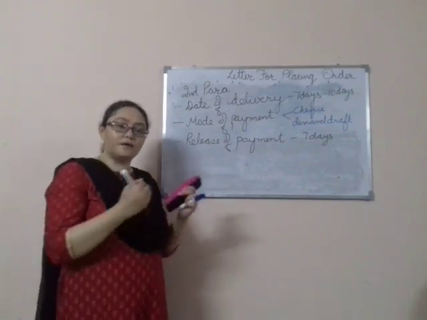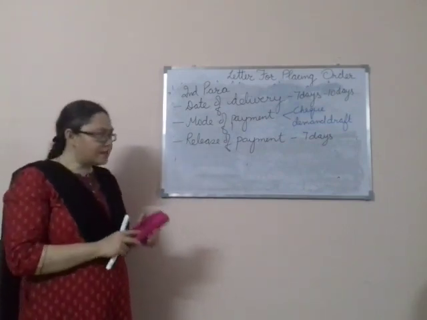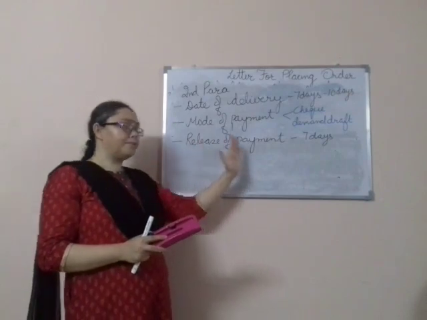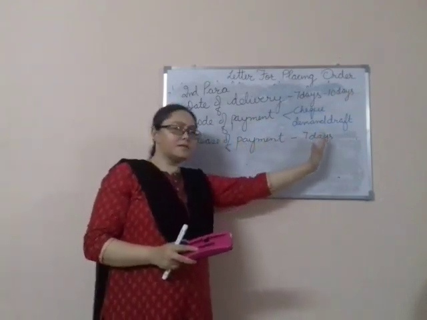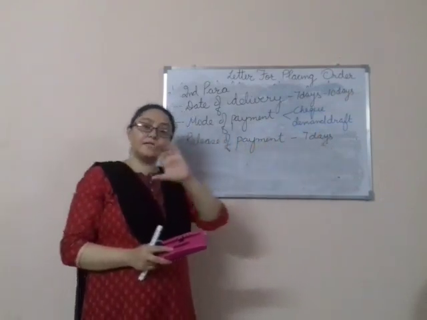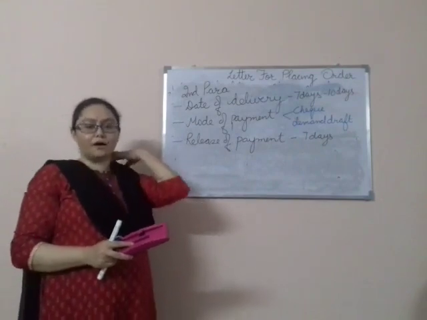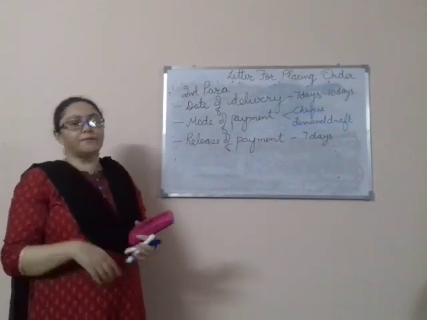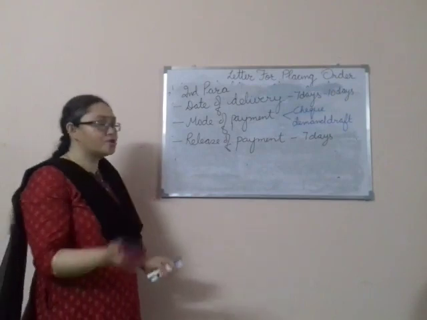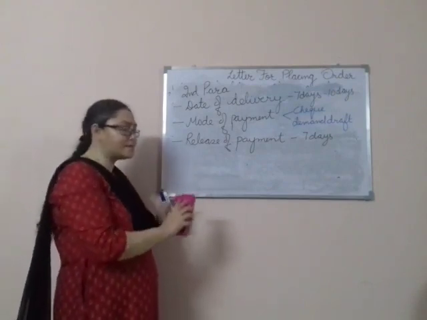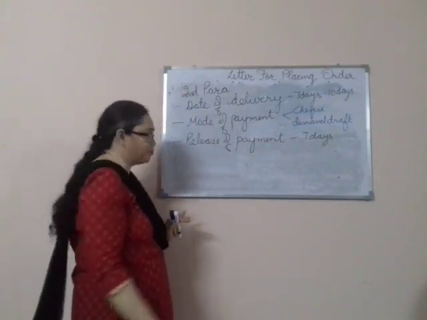So we should keep our interest in view and tell them that the payment will be released after 7 days. And these things should be made clear so that afterwards there is no confusion. So now I hope this second paragraph is clear to you.